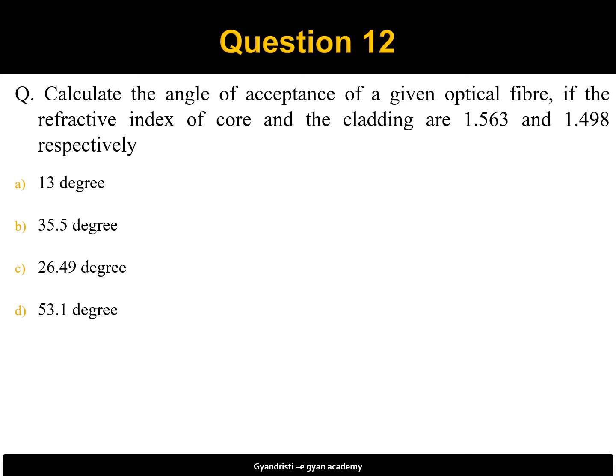Now let's see what is given. N1, that is the refractive index of the core, is 1.563 and N2, the refractive index of cladding, is 1.498. Now we have to calculate the acceptance angle, that is theta 0.